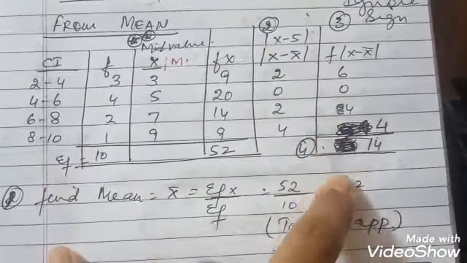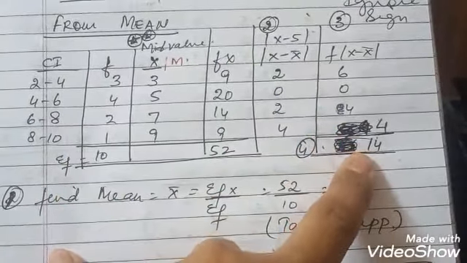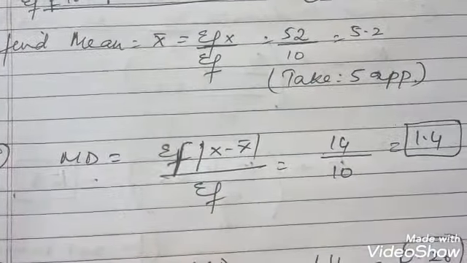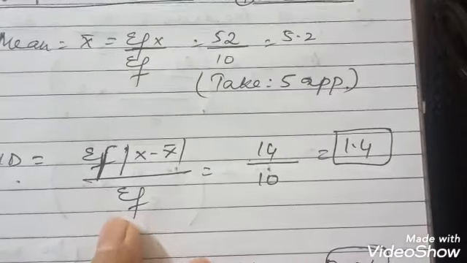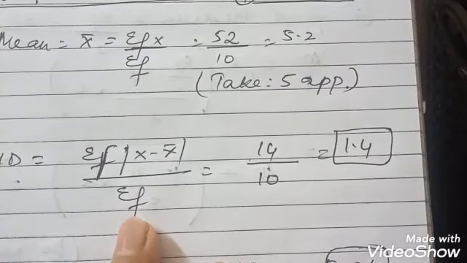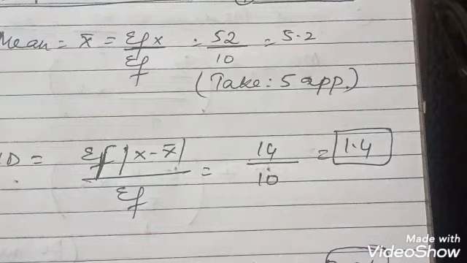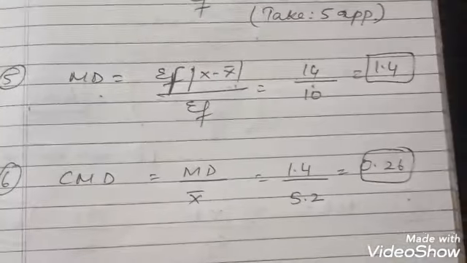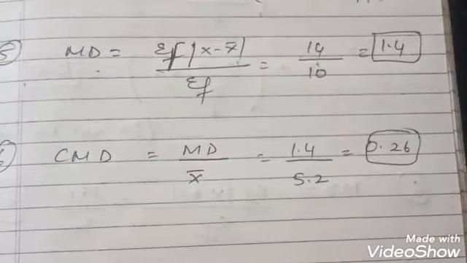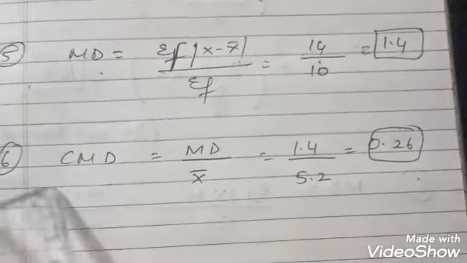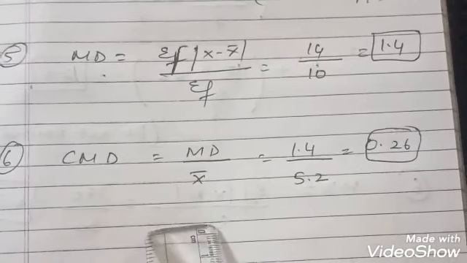You get this column. You will find the total of this and the total of your frequency. You will apply it in the formula, which is sigma f into modulus x minus x bar upon sigma f, which is 1.4. And the last step is you will find CMD, which is coefficient of mean deviation, MD upon x bar, which is 0.26.